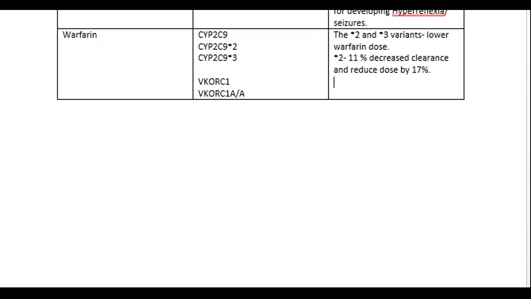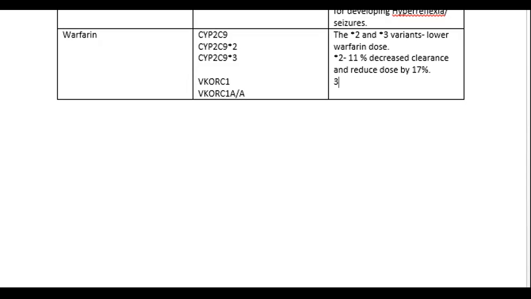So if the patient is a slow metabolizer with this CYP2C9 star 2, this reduces the clearance of warfarin by 11%, and so we should reduce the normally given dose by 17%.